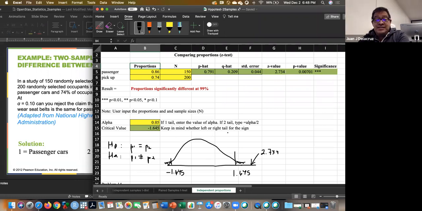So that's how my results are described. I can look at the p-value, and just looking at the p-value based on all these computations, I can determine that this is significant, right? I also have these 3 stars.